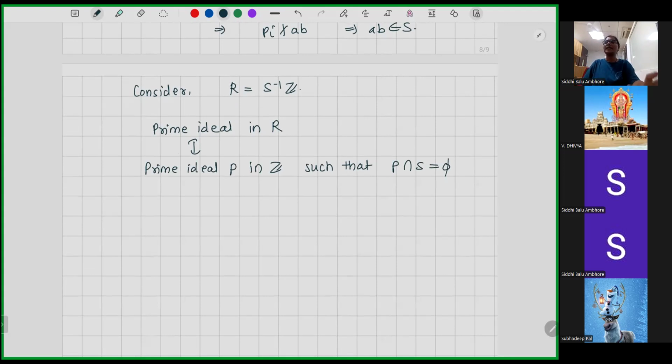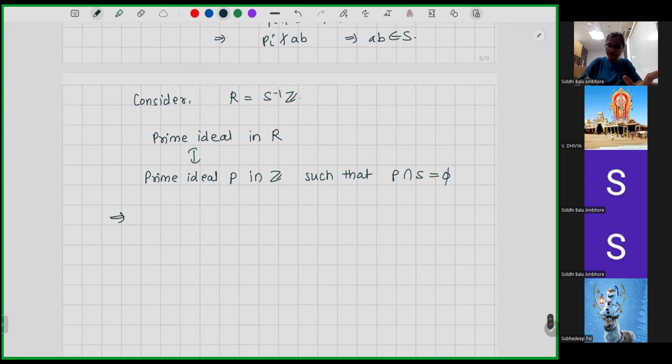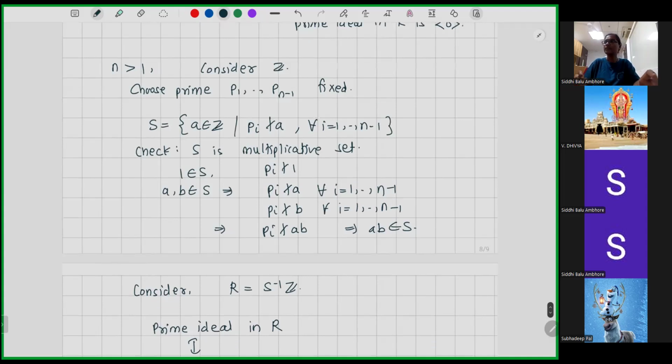Can you tell me which primes do not intersect with this S? These are exactly these n minus 1 ideals, right? Because any other prime you take will always intersect with this S, because none of these primes will divide that new prime, and then that element will belong to this S.